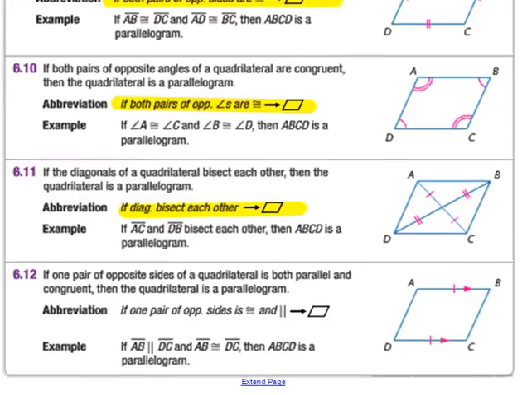And this last reason is a little bit new. We didn't have this one yesterday. If one pair of opposite sides is congruent and parallel, then it's a parallelogram. So what we're seeing right there is this is congruent and these sides are parallel. That means it's a parallelogram.